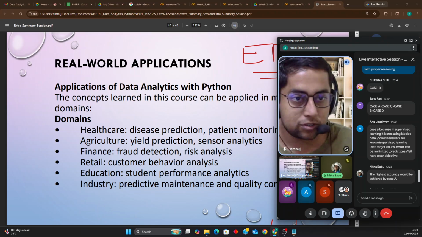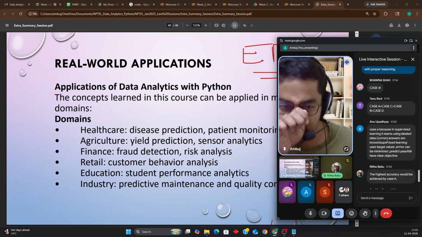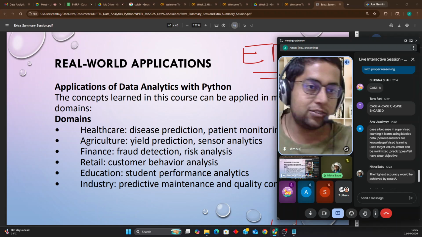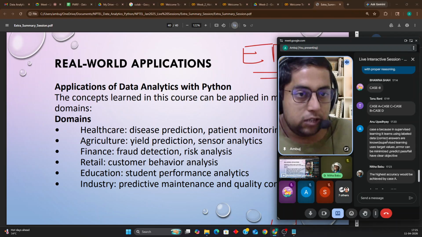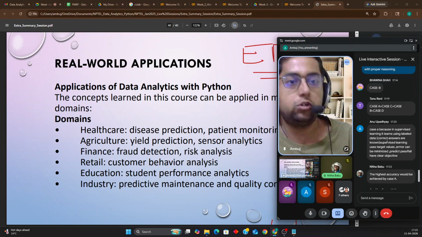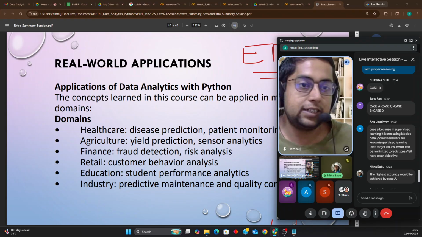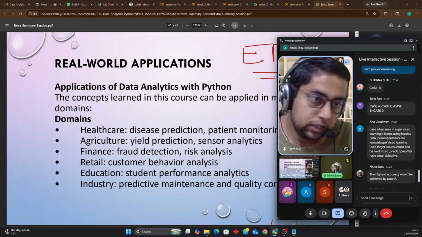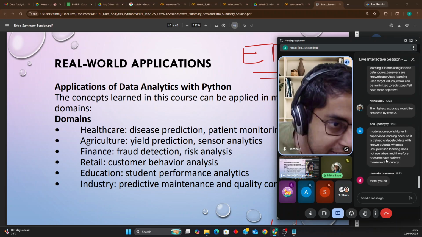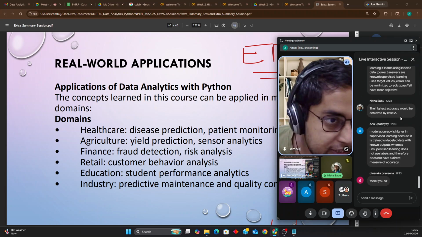You have mentioned the reason also. So partly you have given the order and partly you have given the reasoning. You missed both of them. In the examination, if this type of question is asked, then please answer it clearly. Then Nita has written the highest accuracy would be achieved by case C.